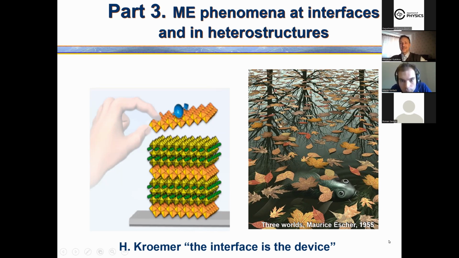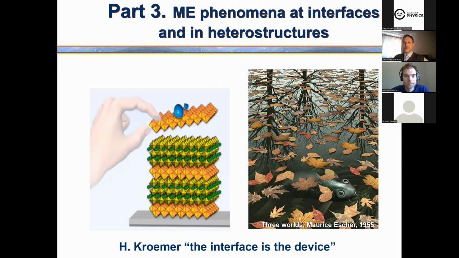Again, it's a painting by Maurits Escher, and we can see here the underwater world. You can see here this fish. Our world can be found as a reflection in this pond. And what is the third world? I suppose you know the answer.